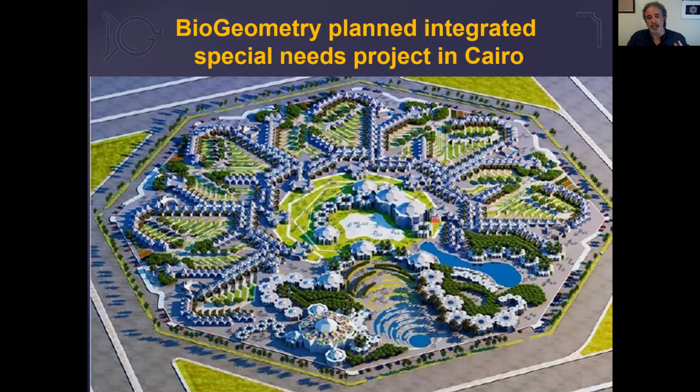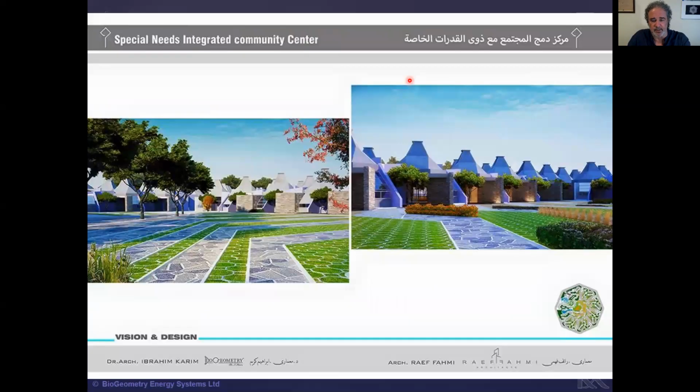It is designed to be an entire complex which can help children with special needs, in the sense that their parents could bring them there, and the center would have entertainment places, a swimming pool, a shopping center, and there are even apartments where people could rent or even actually live. But the important thing is it's all biogeometrically designed to have a positive impact on the brain activity of these children on the autistic spectrum. Okay, this is just some of the designs.